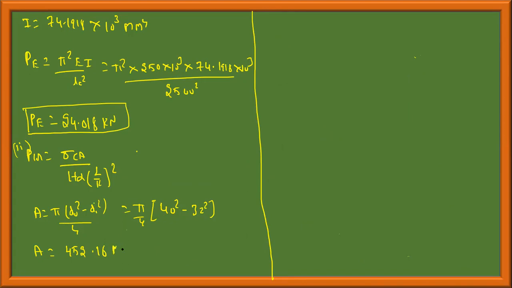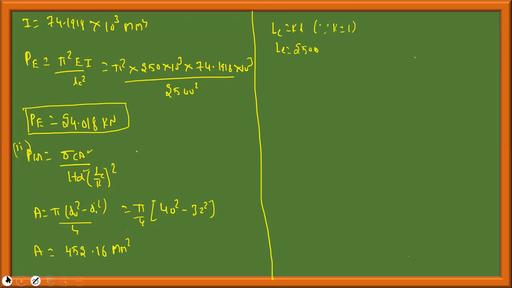452.16 mm square is A. I came to know alpha is given, and then this length is L effective only. L effective is equal to K into L, or since K is equal to 1, because this is a pinned edge, L effective is the same 2500 mm.